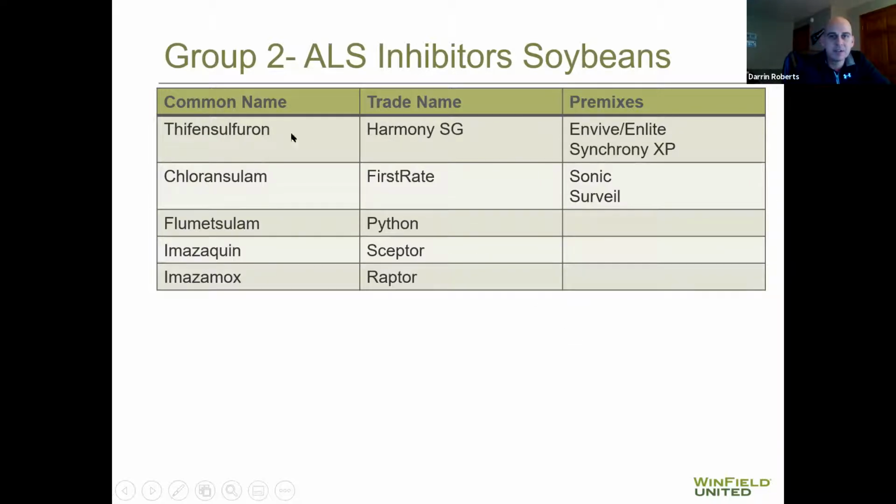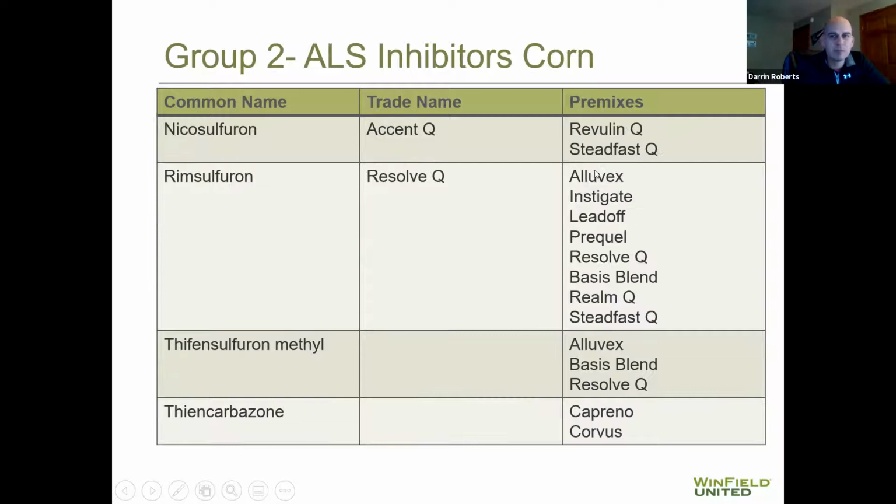Some of the other ones here, so we've got Harmony, First Rate, Python, as well as some of the premixes that contain those products. If you flip over to some of the corn products, Accent Q, Resolve Q, as well as the premixes. If you're not familiar with that, Q indicates it has a safener to reduce activity on corn and make it safer to apply for corn.